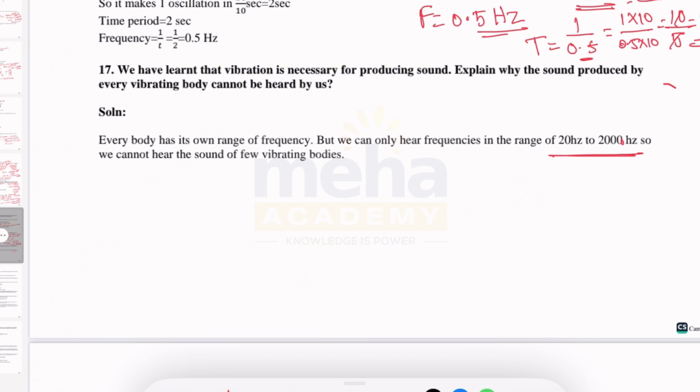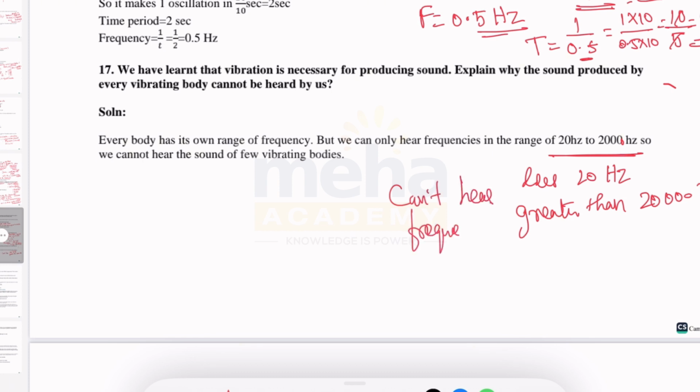So we can only hear frequencies between this range. We cannot hear a frequency less than 20 hertz or greater than 20,000 hertz. That is the reason we don't hear all the frequencies.